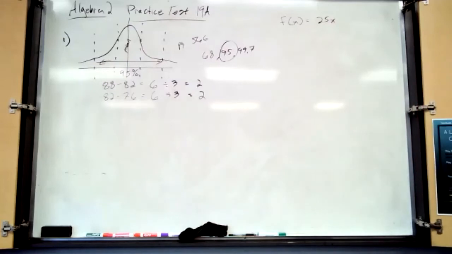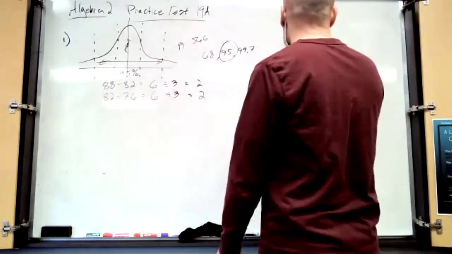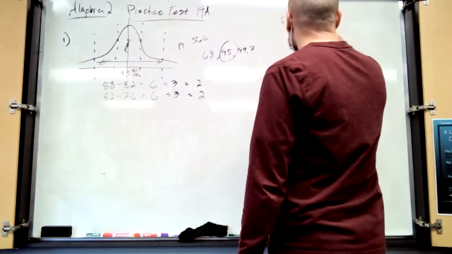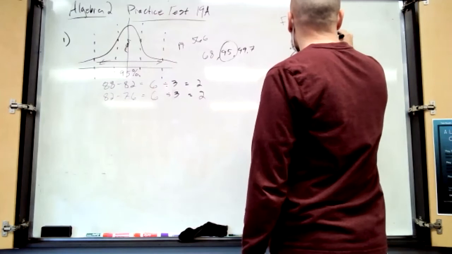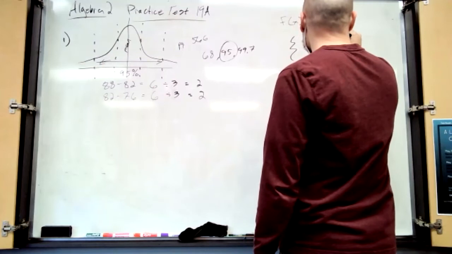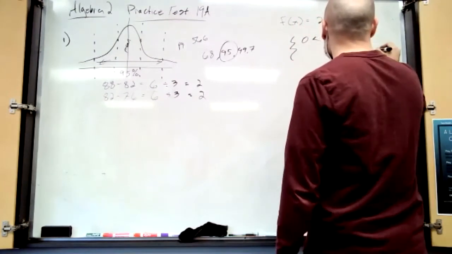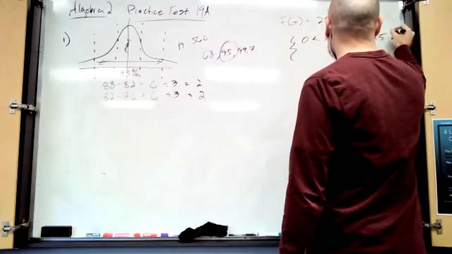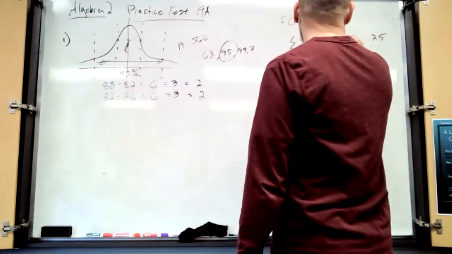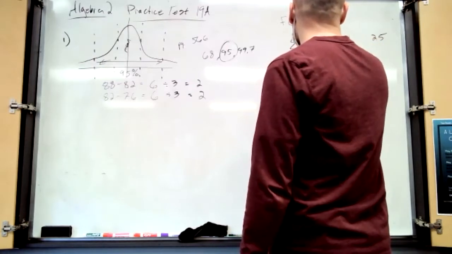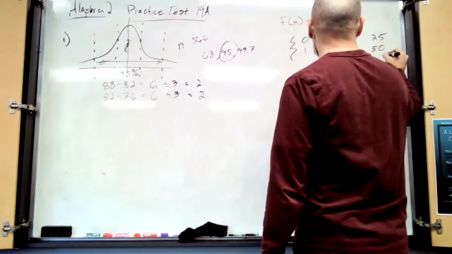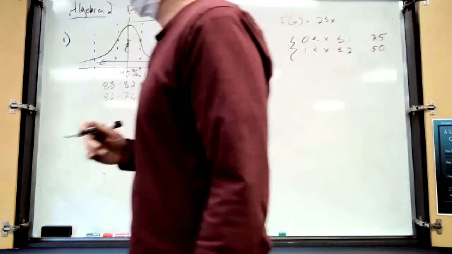So if you're doing from 0 to 1, so if 0 is less than x, it's less than or equal to 1, then it's going to be 25. If it's greater than 1 and less than or equal to 2, it's going to be 50, and so on.